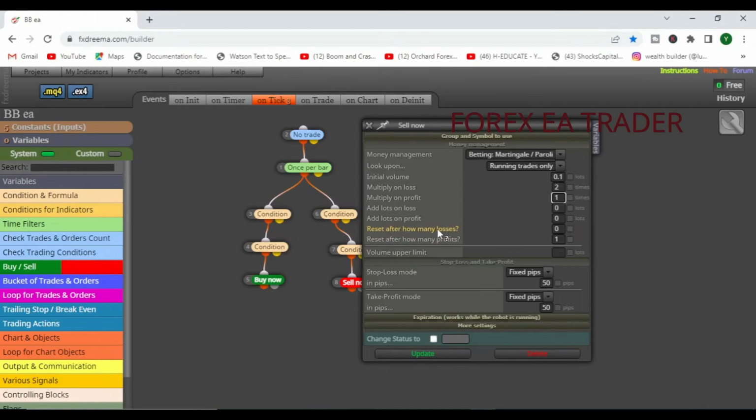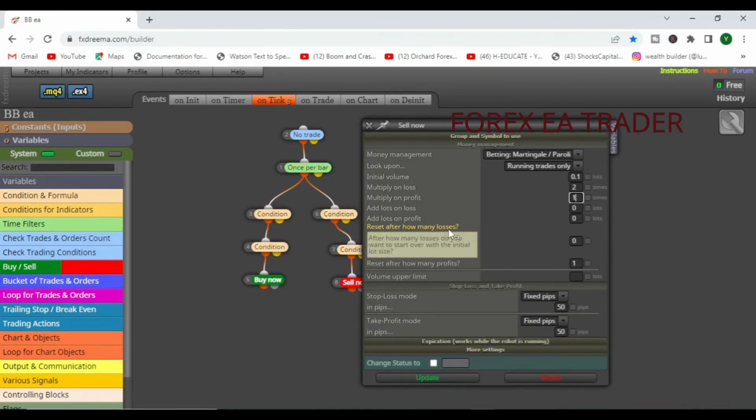Here you probably want to reset it after how many losses or after how many profits. When you hover your mouse on the title, you see it changes color there. You can actually just click on it and it gives you some idea of what it means. So this is after how many losses do you want to start over with the initial lot size.